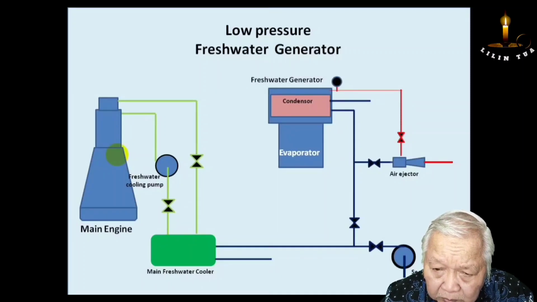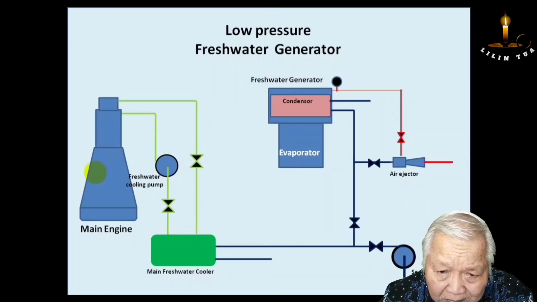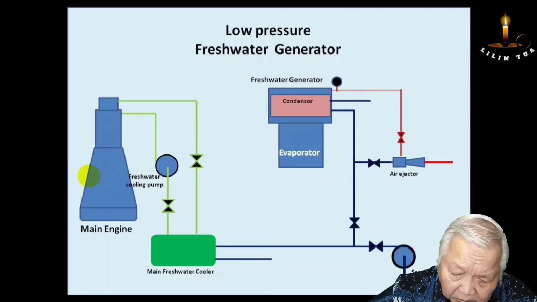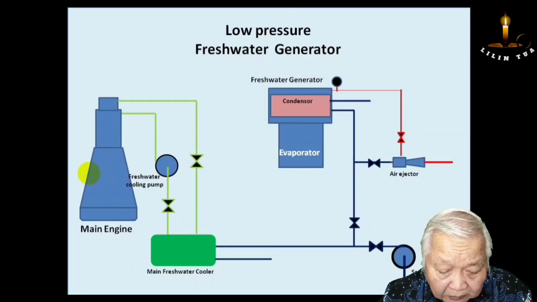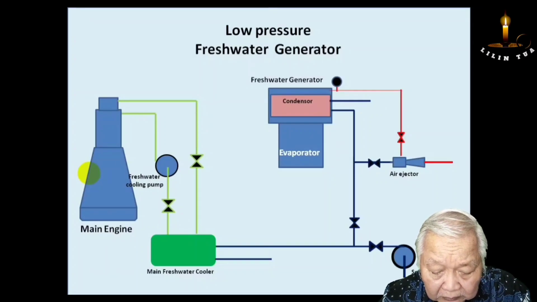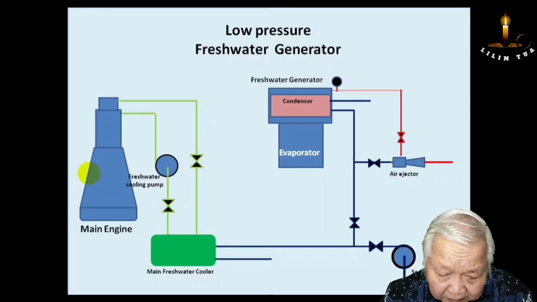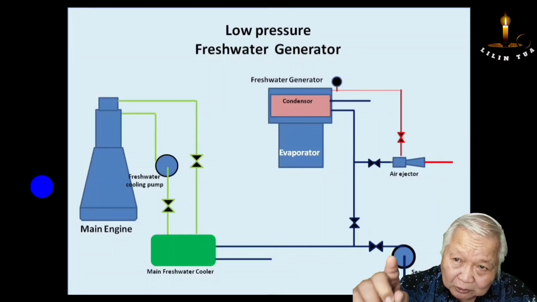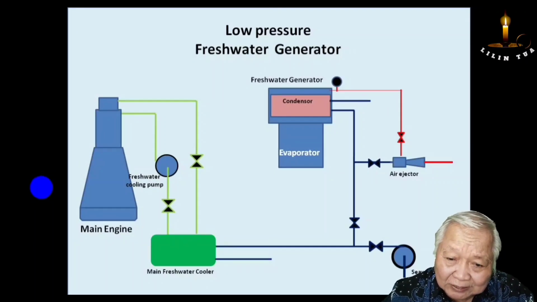We can know the value of the vacuum of the compact housing of the freshwater generator; it is about 98 to 99%. As for the high pressure freshwater distiller, I will also explain its detail in the separate program. Not now, I just want to show you where the evaporator is located in this system.